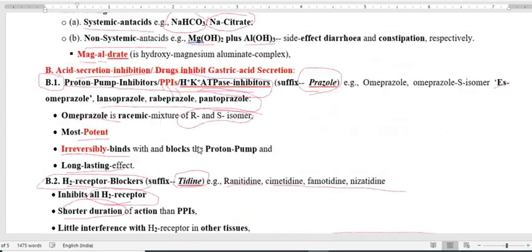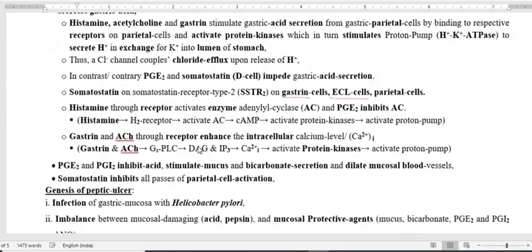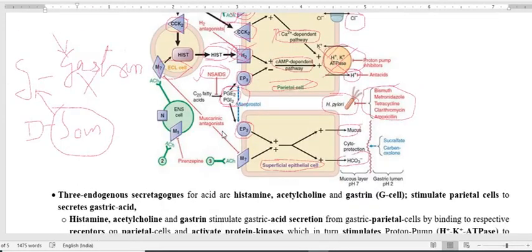As we know, prostaglandin E2 and I2 act on the EP3 receptor present on the parietal cell, and therefore through the cyclic AMP dependent pathway inhibit the efflux out of the hydrogen ion and inhibit the hydrochloric acid synthesis.